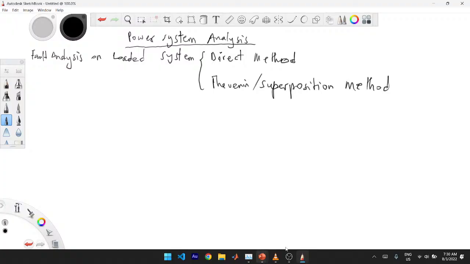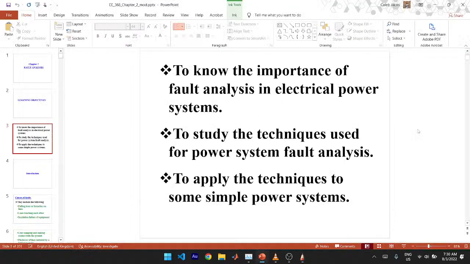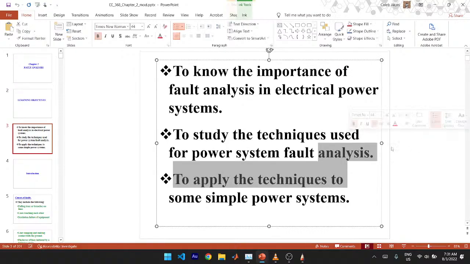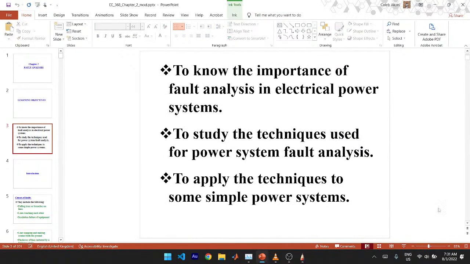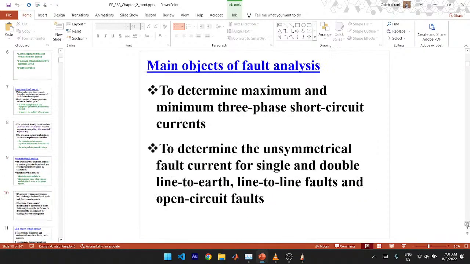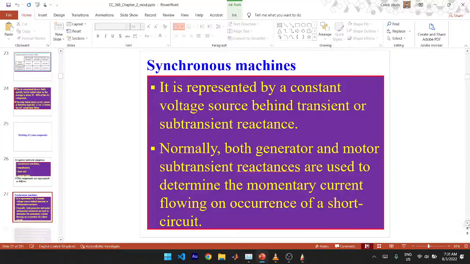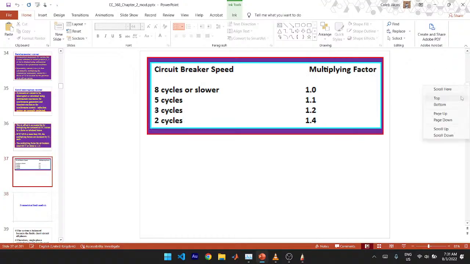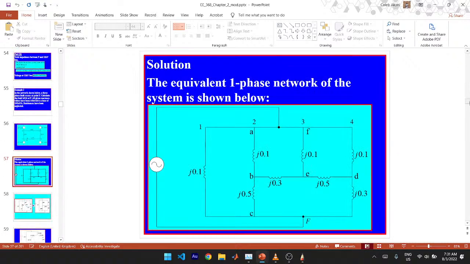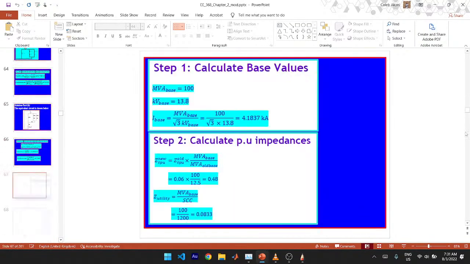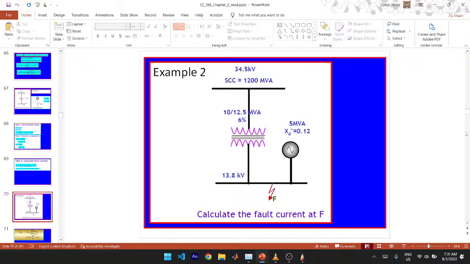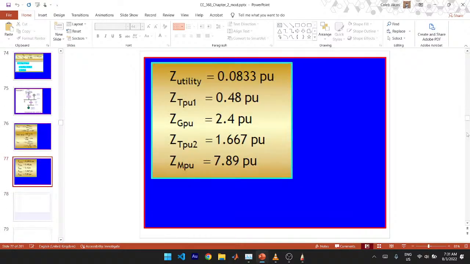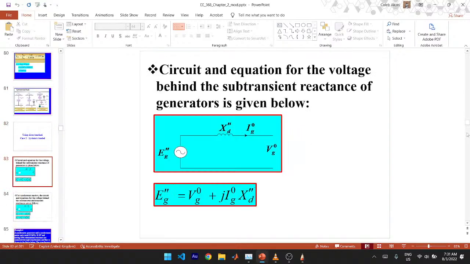So I'm just going straight into the slides. As usual, first thing you must know how to draw.